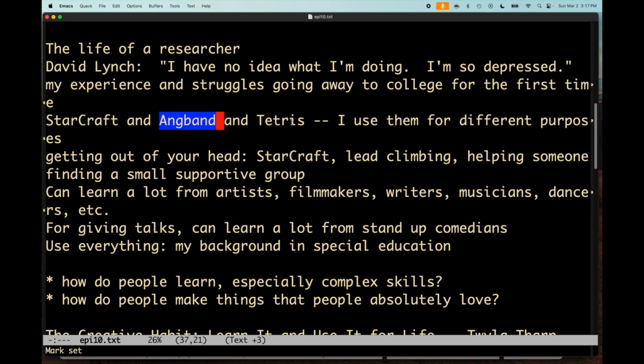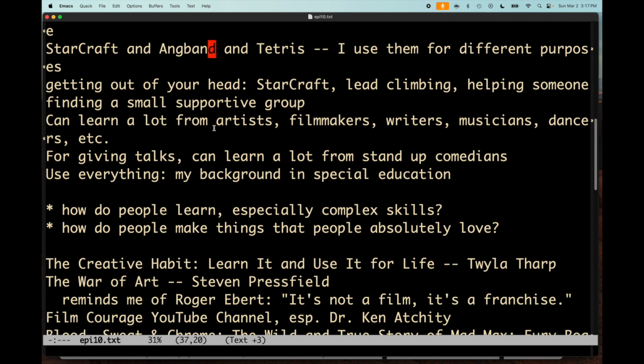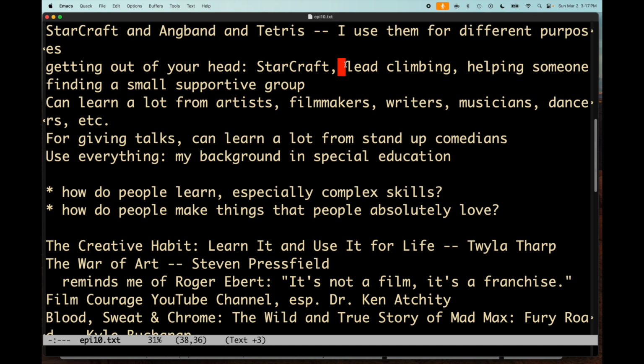Angband's turn based, so I can just pause it and take as long as I want for each move. But Tetris is a real time game, and you have to keep up with it. But at the same time, I don't have to think too much. So anyway, that's one thing that I use, games sometimes, and other things to get out of my head.